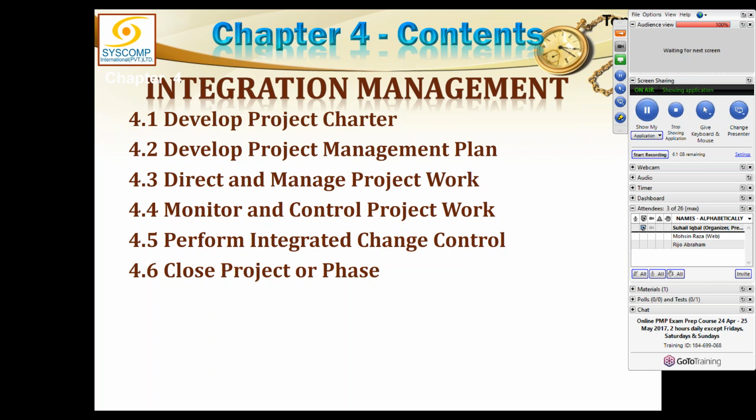No. Scope is not a process. Sorry, scope is a knowledge area, and we are not talking about scope. In integration, there is no process of scope. Just tell me the knowledge area of that process which is there in initiation alongside project charter.